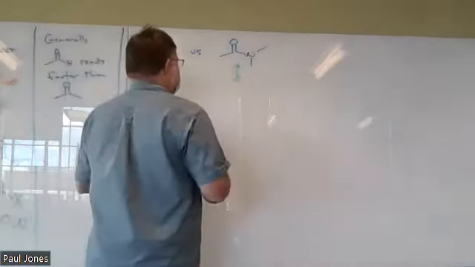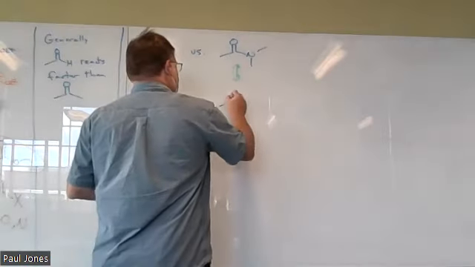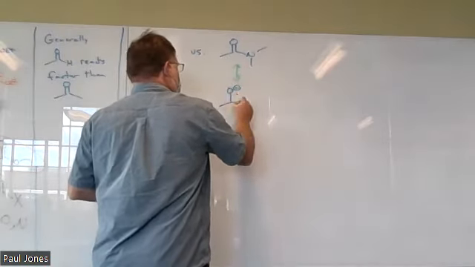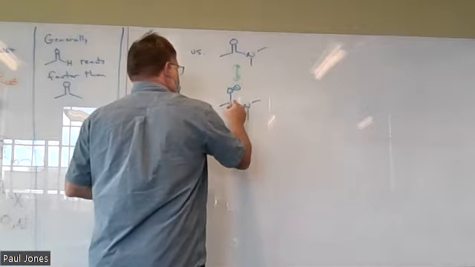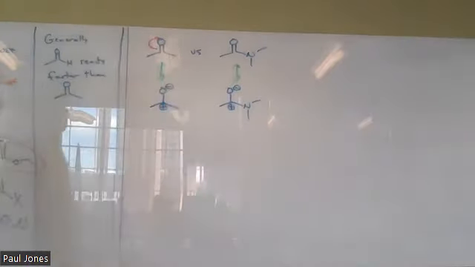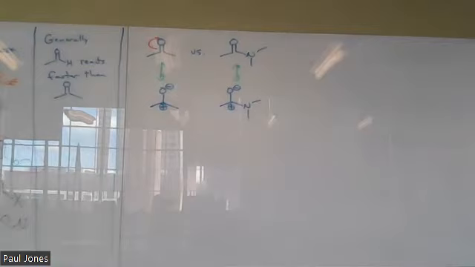We can draw the same resonance structure. Every carbonyl you see, it's easy. If I say 5 points, draw a resonance structure of this carbonyl, I'm giving you 5 points if you just have to draw one. Pop the pi electrons up onto the oxygen. O minus, C plus. There you go.